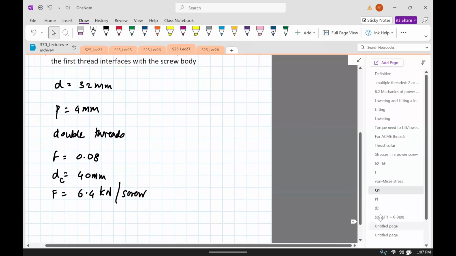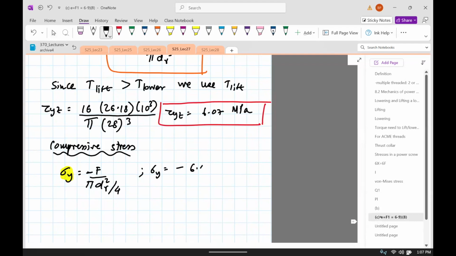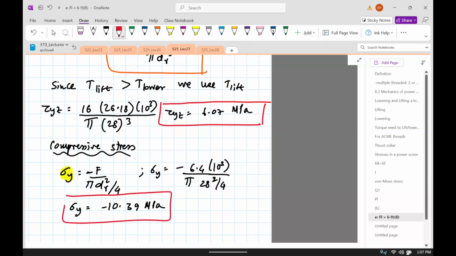We'll use that, times 1000 to convert to newtons. Then pi dr squared divided by 4, where dr is 28. So doing the math will give me sigma y equals minus 10.39 megapascals. So that's very straightforward.